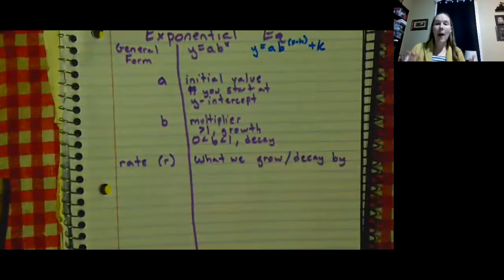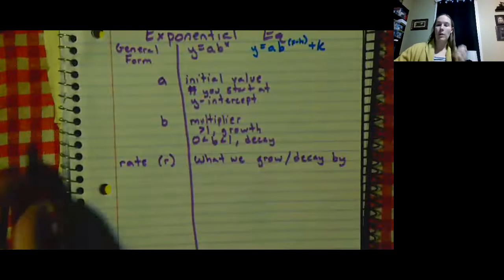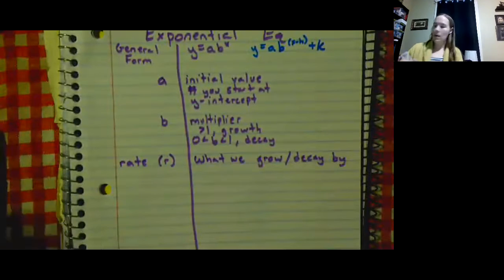Like if you buy a car or a house, it will decay by a certain value each year, or maybe it'll grow by something each year. If you get a credit card, it will have an interest rate, what it grows by each month. So this is how we figure that stuff out, and it has to do with our b.